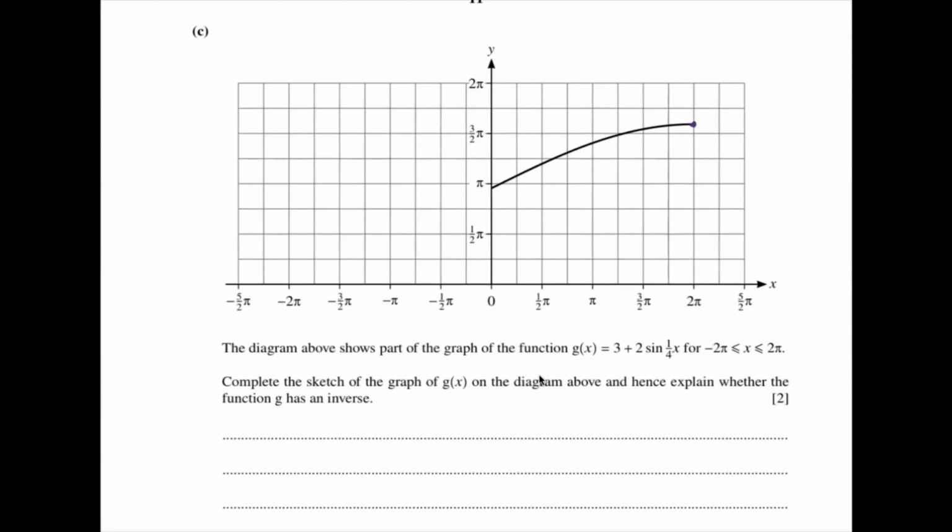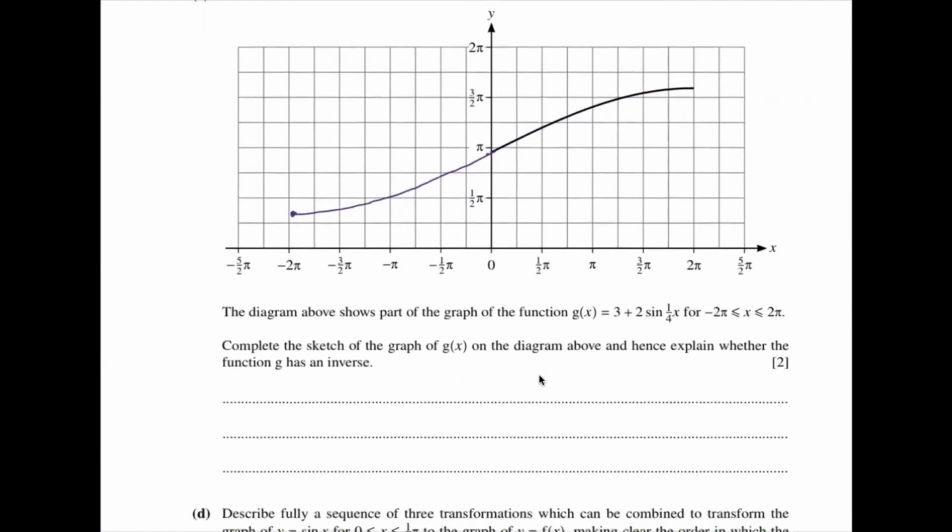If you keep on continuing the graph, it's going to be something like this. So I'll just make it a proper graph. It's just going to be like this. Now the graph has been completed.